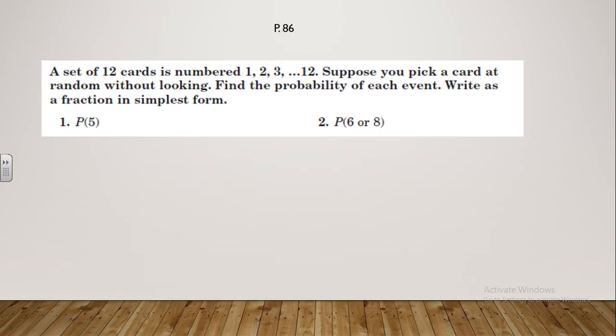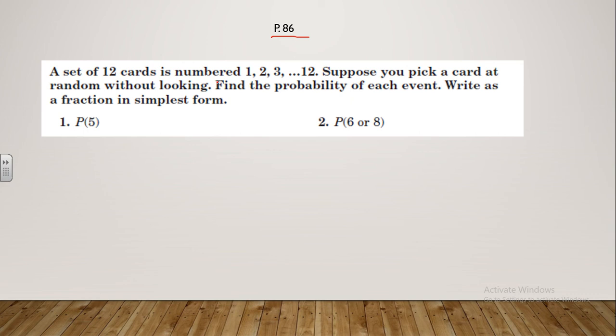Okay? Now I want you to open your booklet to page 86. Who wants to read this example? Come on. Okay, let's read it together. A set of 12 cards is numbered 1, 2, 3, and so on until we reach 12.